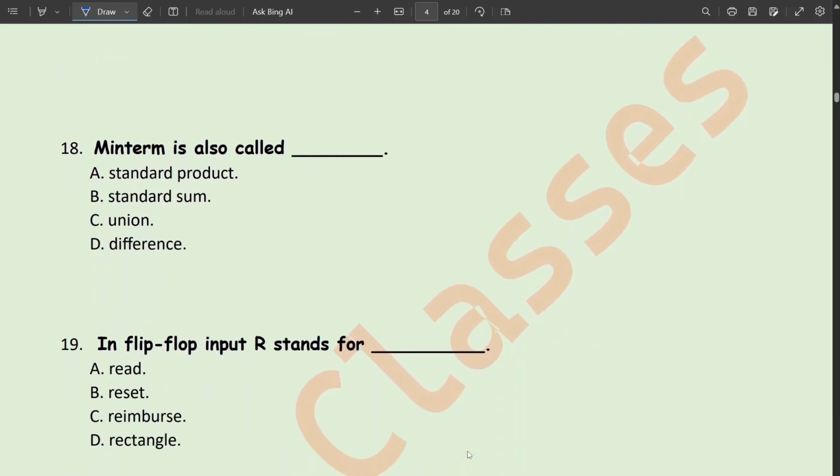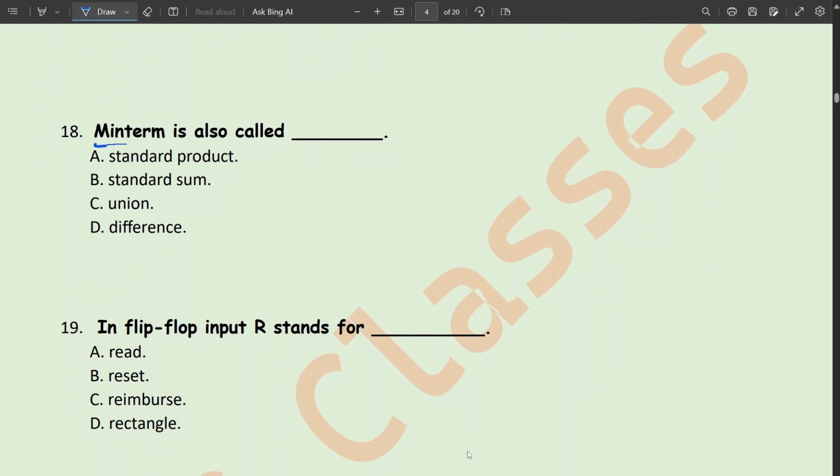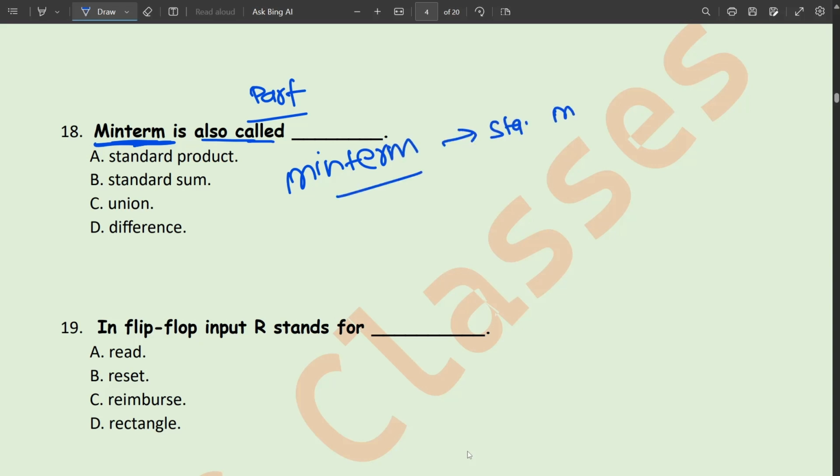Next. Minterm is also called. We have discussed this in the previous video, part number 1. I told you that whenever you see minterm, your answer will be standard product.